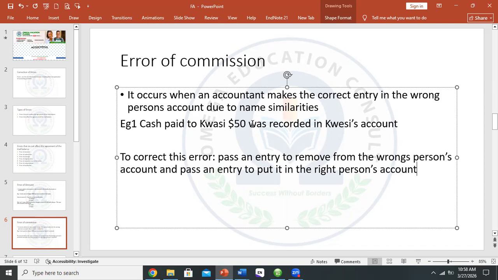Hey, my favorite accountant, Portia, you have committed an error. In an attempt to correct an error, you have committed another error. Here, cash will never appear in our books because we have no issues with cash. The issue we have is an error in this wrong Kwesi's account. So that's what our interest is. You want to correct your own error. Okay, go ahead.